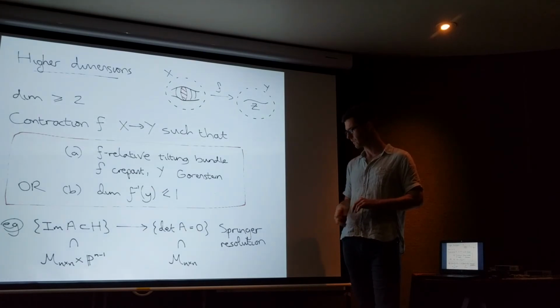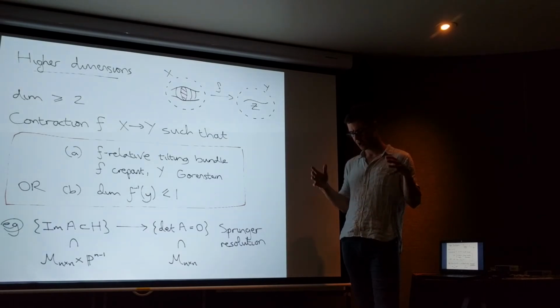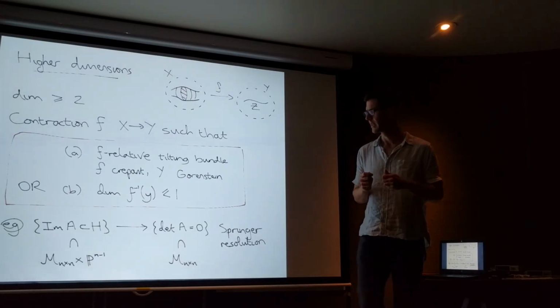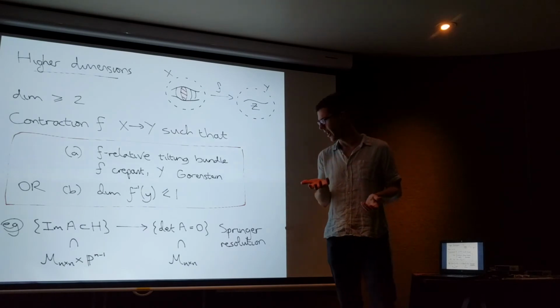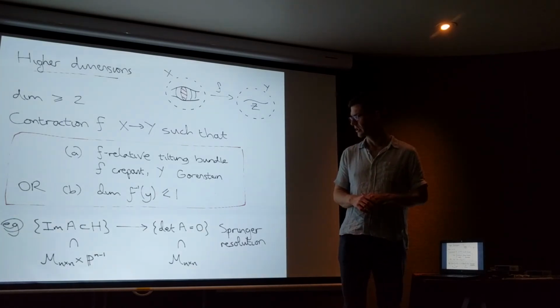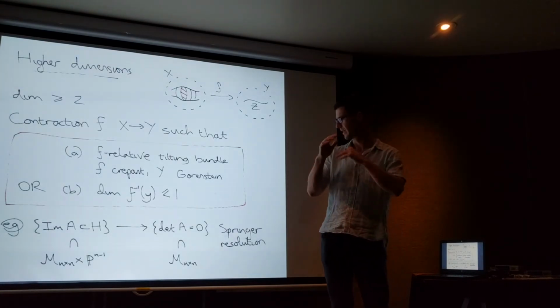So the example here is the cone of singular matrices, n by n, and that has a Kréppen resolution by taking the space of pairs of a matrix and a hyperplane in Cn. So I just ask the image of the matrix to lie in that hyperplane.